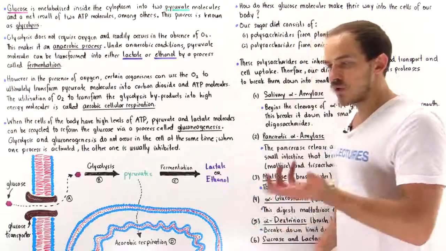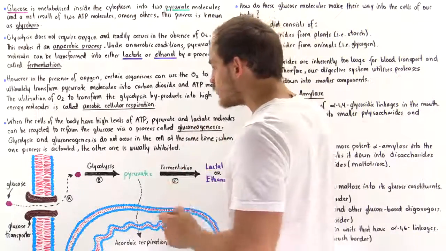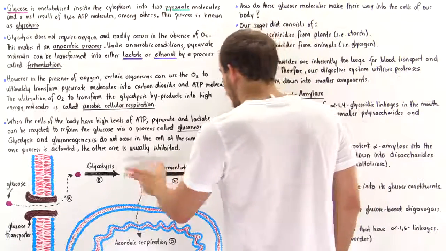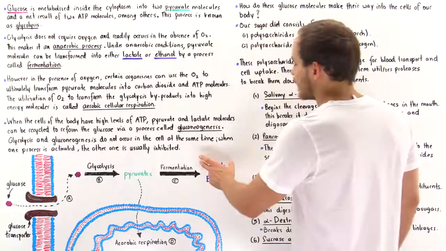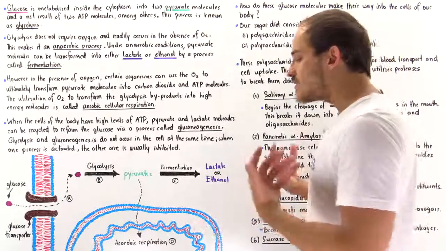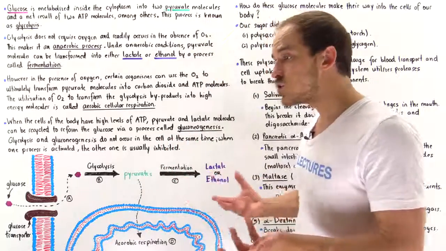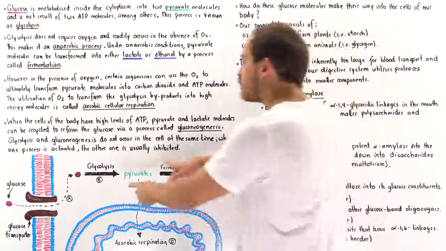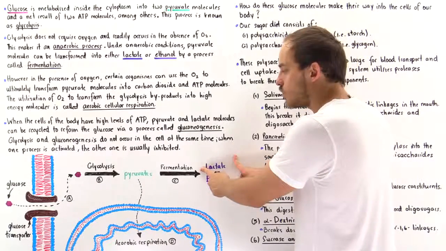Other organisms, for instance cells of our body, undergo lactic acid fermentation, and that transforms the pyruvate into lactic acid, or the conjugate base of lactic acid, lactate. So inside our body, when the cells of our body don't have enough oxygen, they will take the pyruvates and transform them into lactic acid molecules.